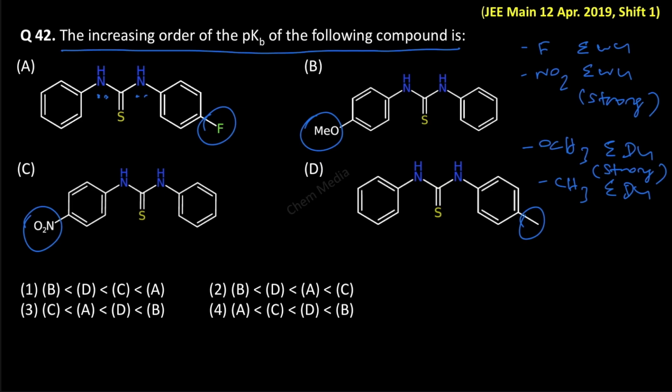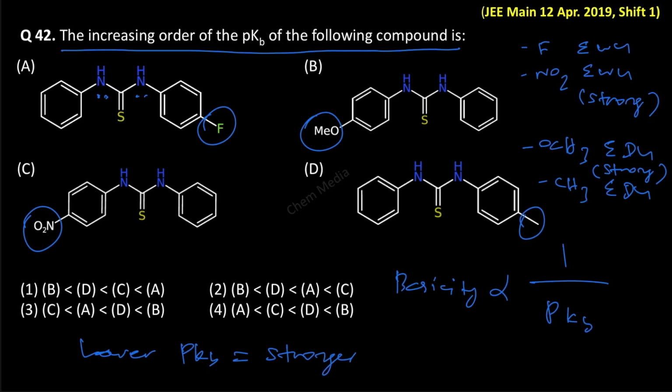And we know that basicity is inversely proportional to pKb values, which means lower the pKb value, stronger is the base. Lower pKb means stronger base. Why? Because pKb is equal to negative logarithm of Kb.